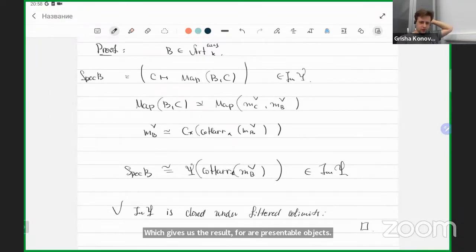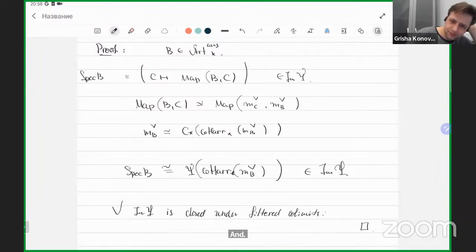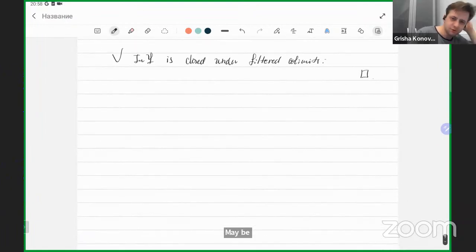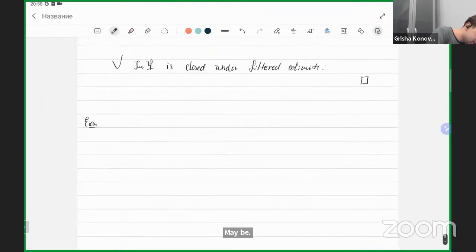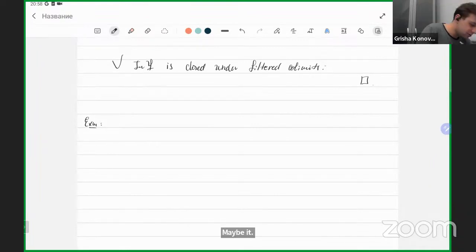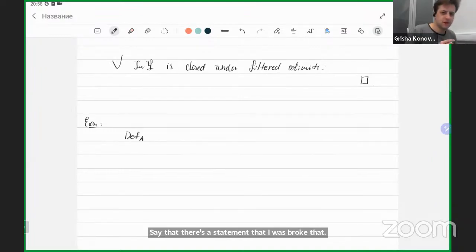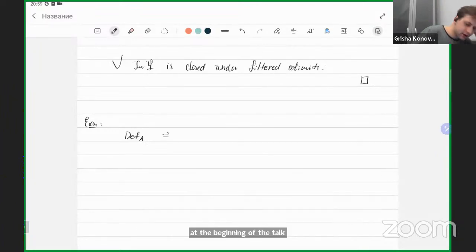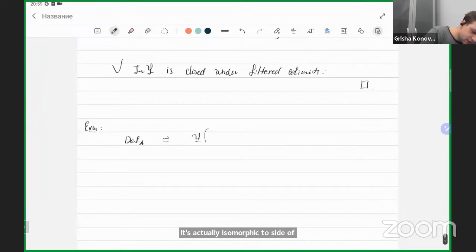And maybe I don't have time to prove that, but I'll state it as a statement without proof: Def A, the deformation problem which we studied at the beginning of the talk, is actually isomorphic to psi of the tangent complex of A, which is dual to the cotangent complex.